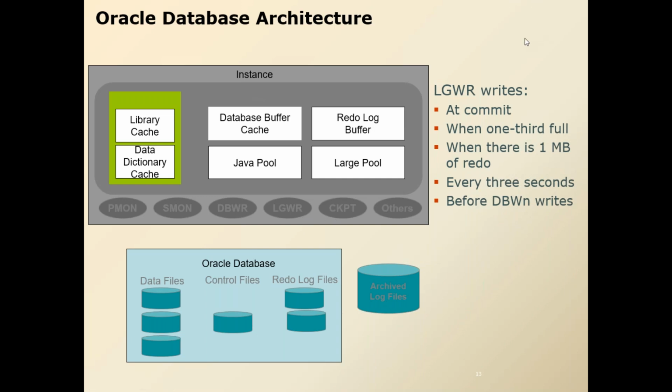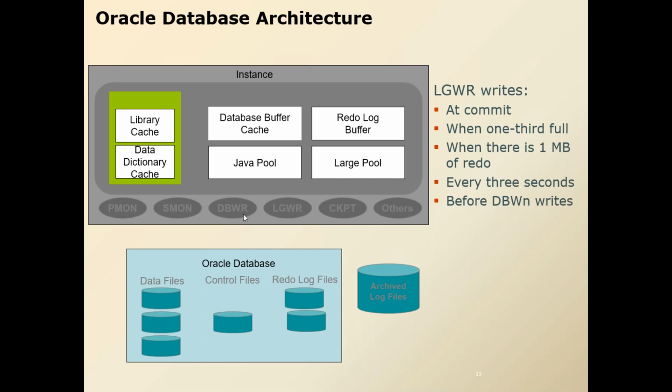So log writer process is responsible for writing the data from the redo log buffer to the redo log file. Log writer writes the data whenever there is a commit, or when it is 1/3 full, or when there is 1 MB of redo, or every 3 seconds, or before the database writer process writes the data from the database buffer cache to the data file.